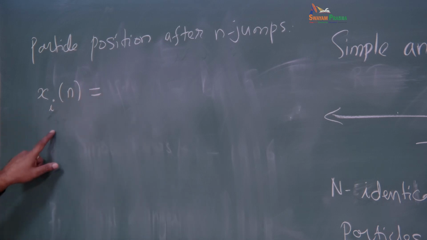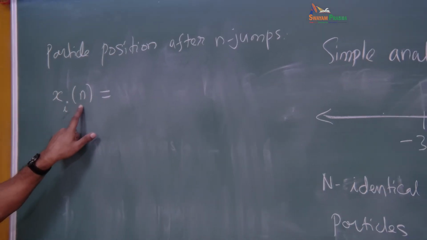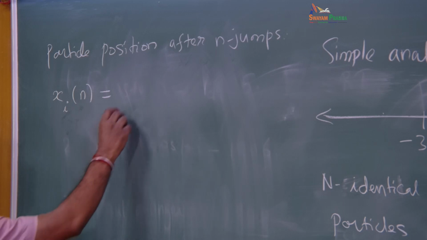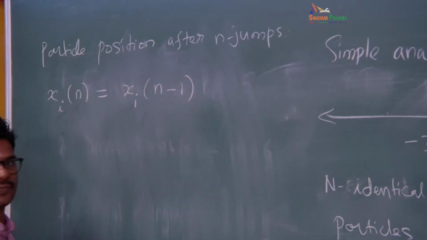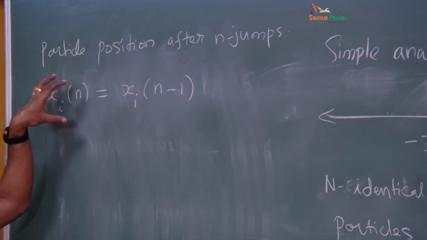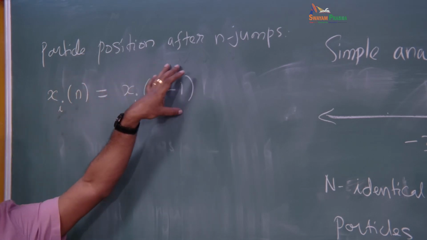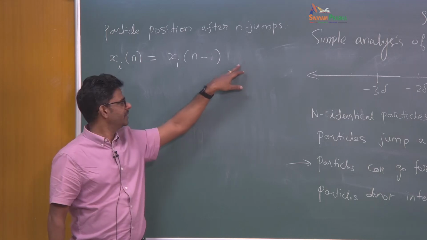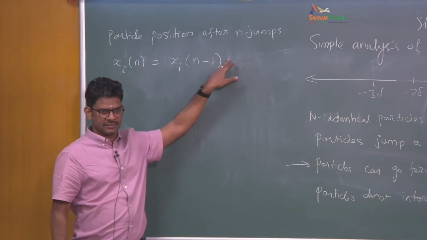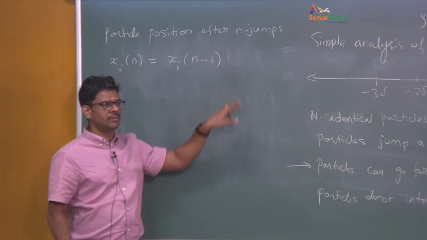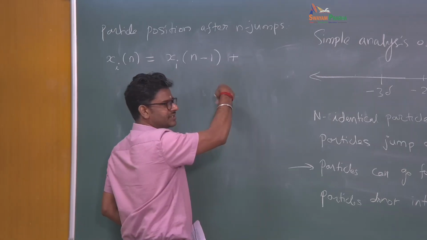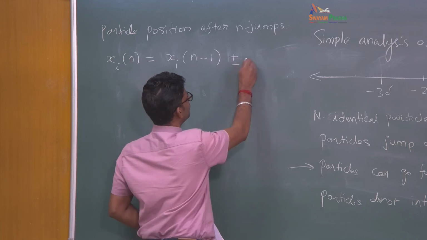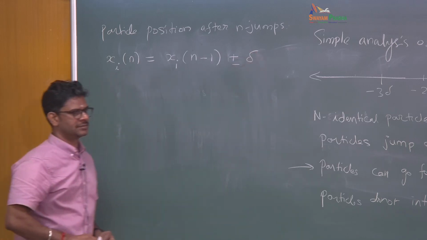Xi n is the ith particle's position after n jumps. Now this can be written as a recursive relation. The current position is nothing but the previous position, plus or minus delta, isn't it?